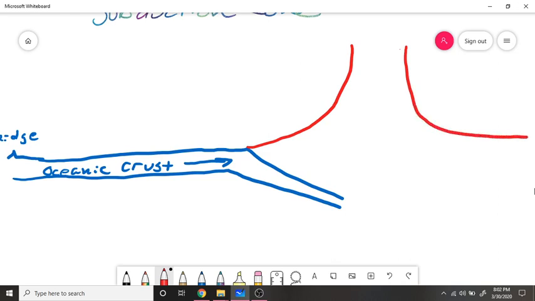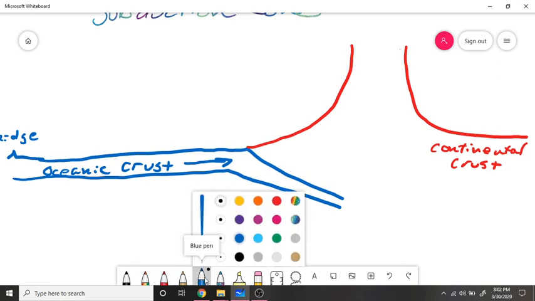Here is our continental crust. And underneath our continental crust is our lithosphere.